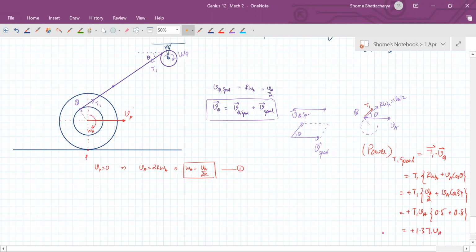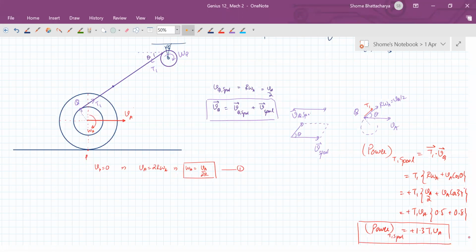Okay, so this is the power delivered by the tension T1 on the spool. Whereas the second thing, it's delivering power on the pulley, that's very simple.